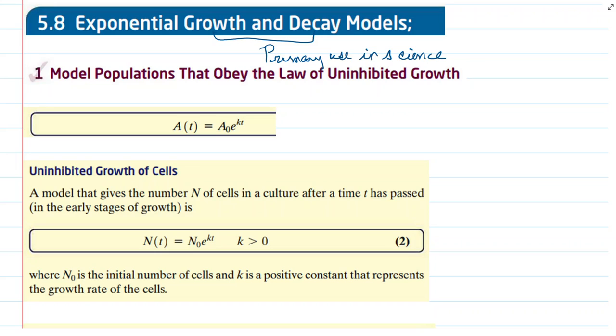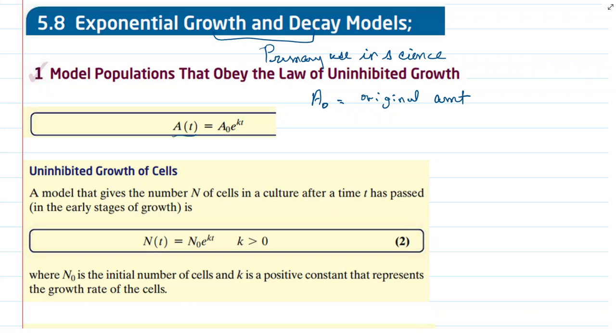So it says A of t, the amount with regard to time, is the original A sub O, and I'm going to say amount because sometimes it's weight, sometimes it's quantity.